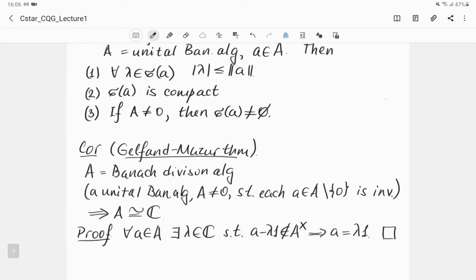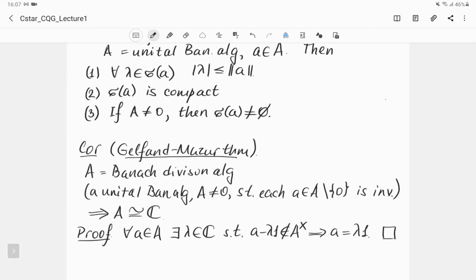So quickly, Mazur received a reply from the editor, which said that, well, your paper is interesting, but it is too lengthy, too long for our journal. So you have to reduce it somehow. So Mazur just threw away all the proofs. And the paper was published, but there were no proofs.